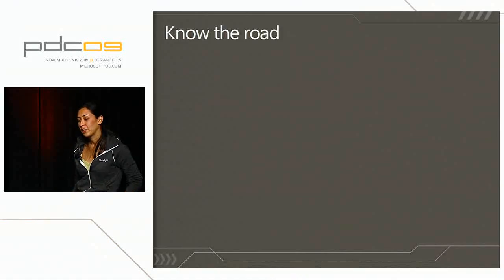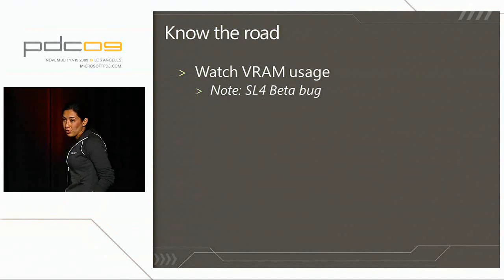So using and leveraging the hardware pipelines is very much like learning how to drive. The first few times can be a little dangerous, but afterwards, you get to be more of an expert, and you get to understand a little bit more how you can leverage the GPU when and where. So know the road. Watch the video memory usage.